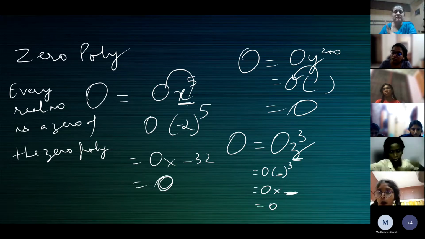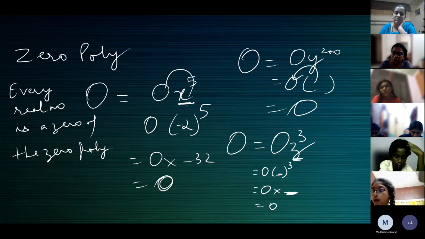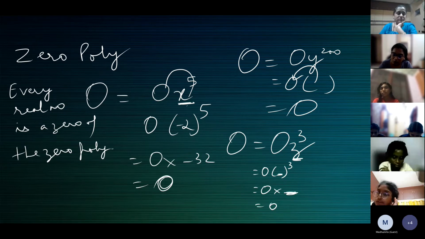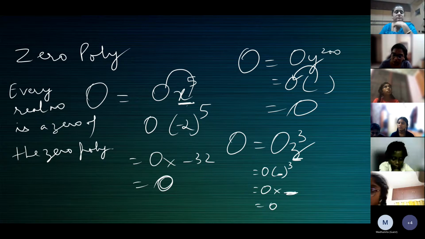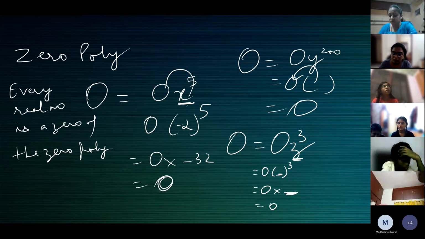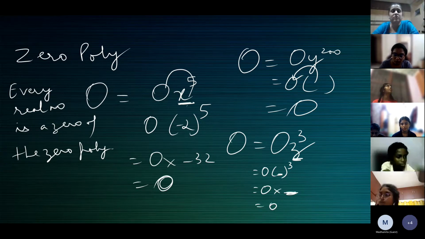But 99% of the time you will be seeing polynomials in only one variable x, y, z, t, whatever.